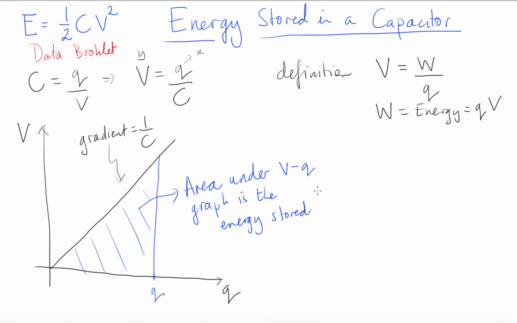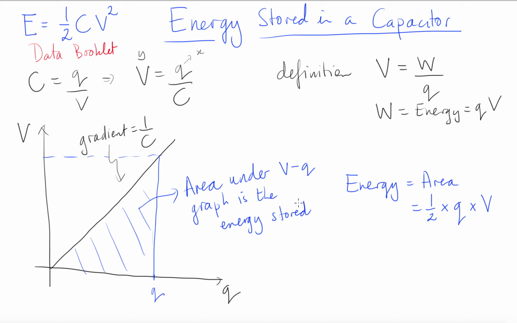Now we can either use calculus here, or we can use some simple geometry arguments. The area under this graph is a triangle, so the area, the energy, equals the area, which is 1/2 times the base, which is the charge, times the potential, which is V.